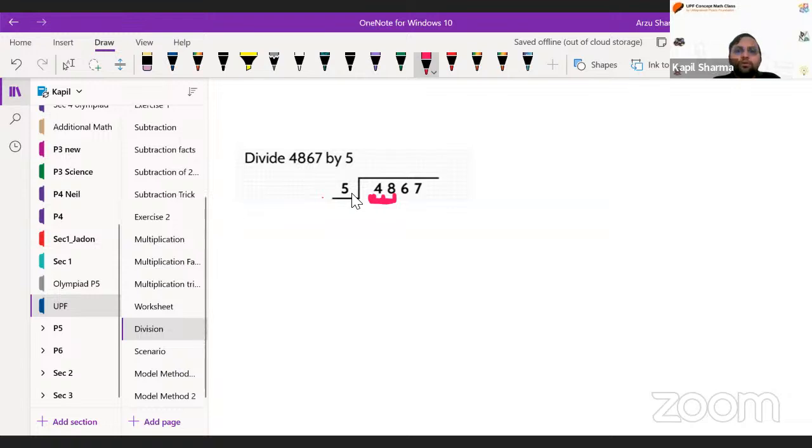Now, the multiple of 5 which is less than or equal to 48 is 45. So 5 times 9 is 45. 48 minus 45 is 3. Then we bring down 6. Okay, then 7.